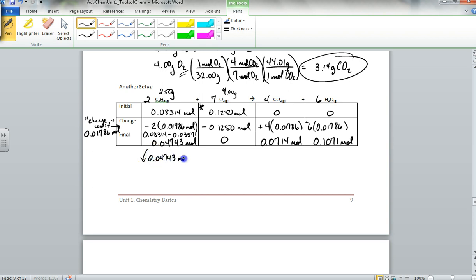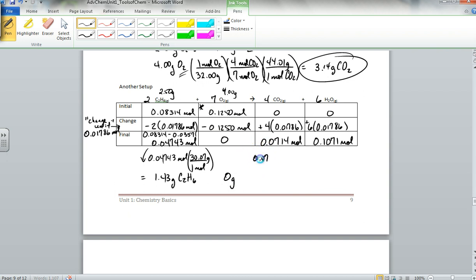0.04743 moles back into grams, the molar mass, remember, was 30.07 grams per 1 mole. So you multiply that, and you end up with 1.43 grams of ethane. That is the ethane that is left over. We have 0 grams of our oxygen.